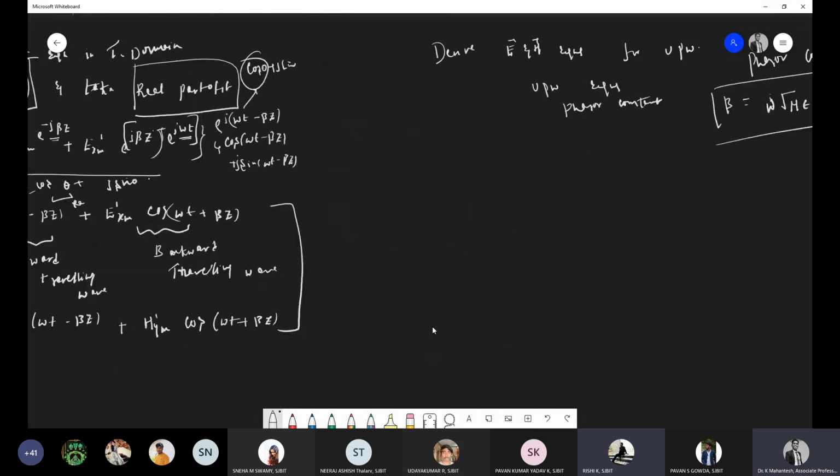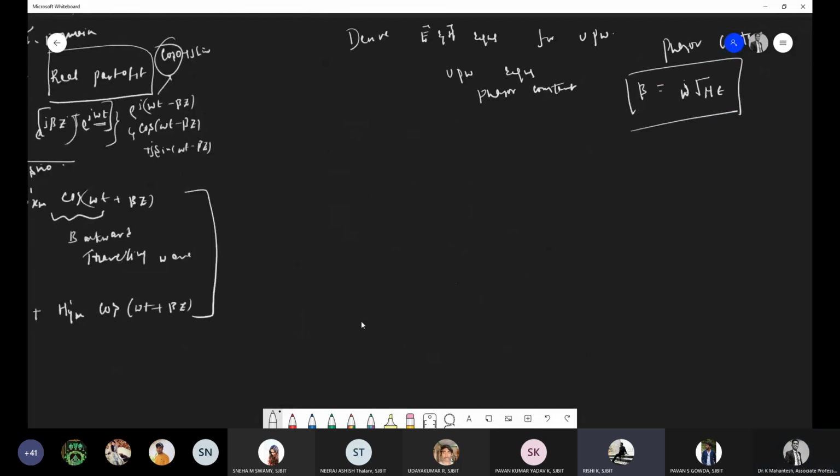So E and H are related. E over H is equal to eta naught. So you might get this: prove that E over H is equal to eta naught.